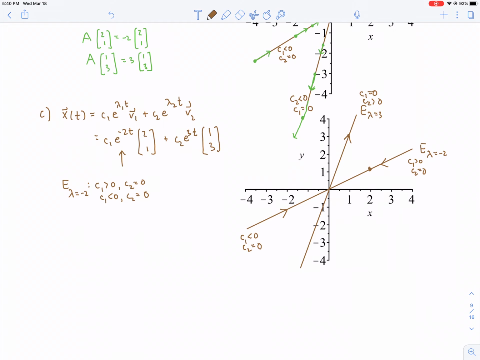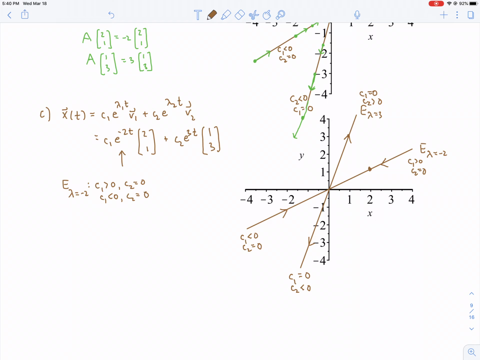And in the other half of that eigenspace, C1 is 0 and C2 is negative. And so the solutions, which are just a negative number times e to the 3t times 1, 3, head off to infinity in that direction.